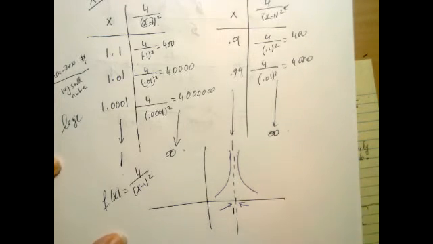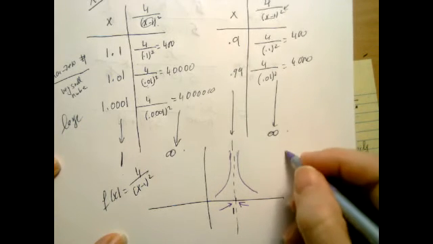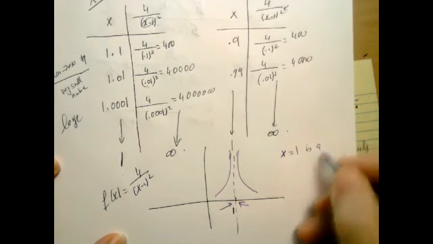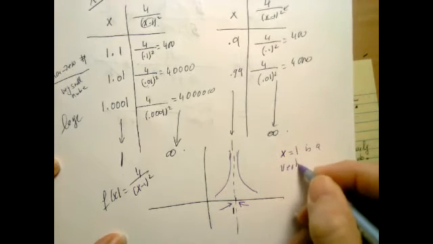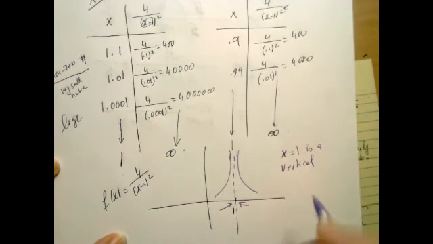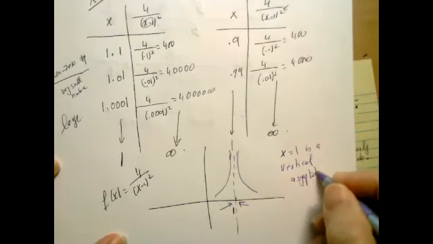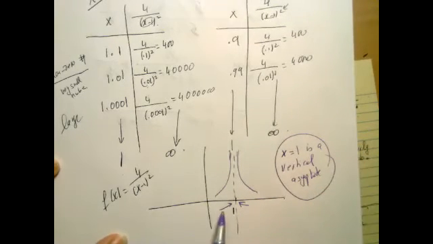At 1, the function is not defined, and from both sides it goes to infinity. In this case, we say the line x equals 1 is a vertical asymptote. It means that the value of the function, when we become close to 1, goes to infinity.